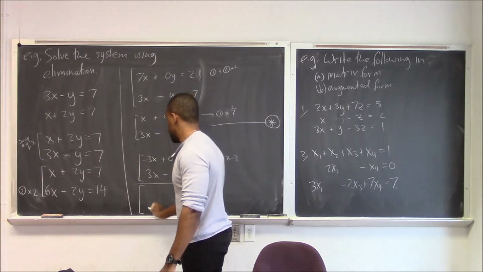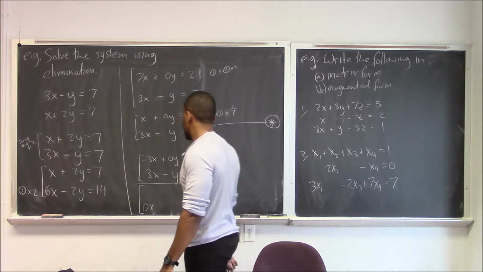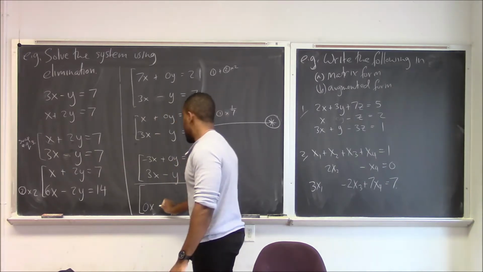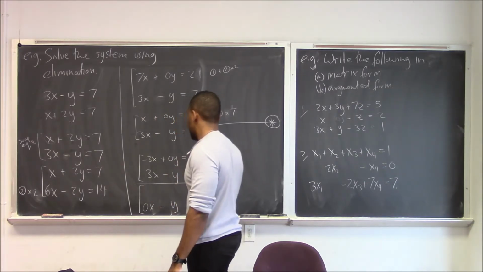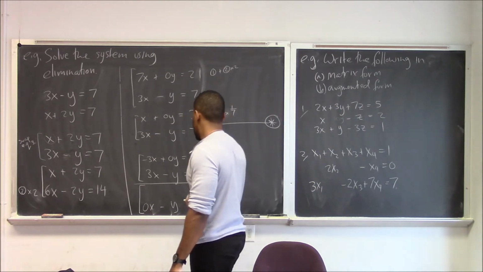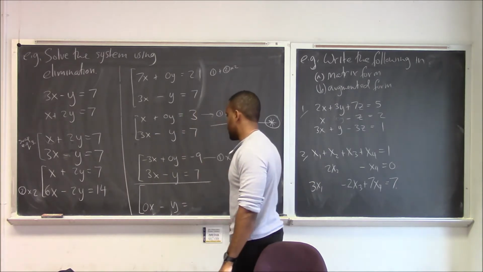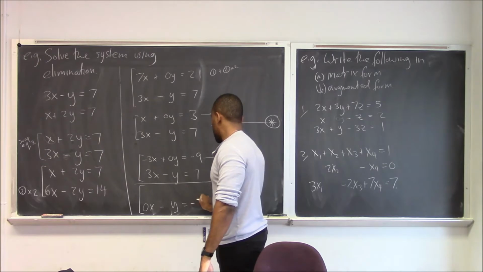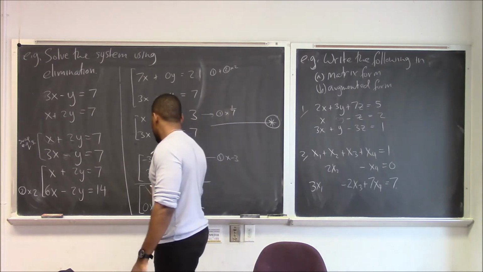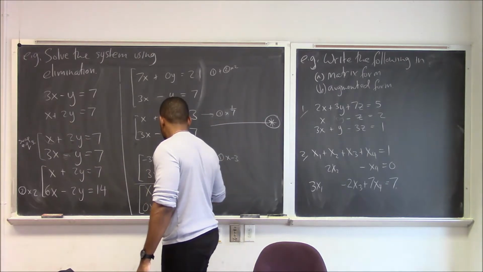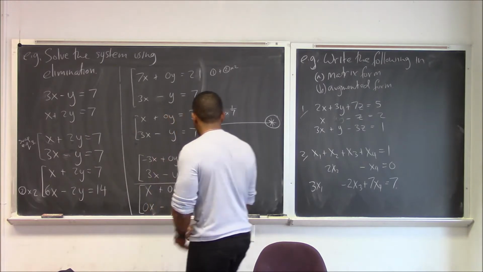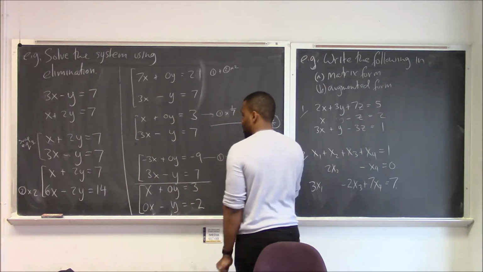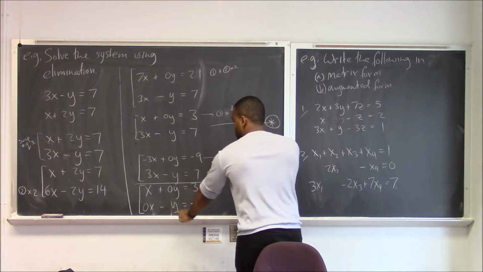So this was this, I have 0 x's. If I add these two, I have -y. And if I add these two, I get what? -2. I already know a nice form for this equation. Now if I want to solve for y, what can I do here? Because here I know about -y.